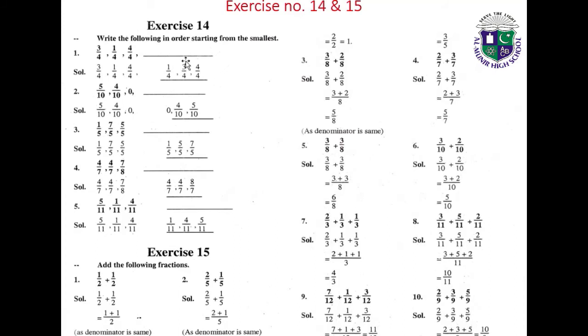Next, Exercise 14. Write the following in order starting from the smallest number: 3 over 4, 1 over 4 and 4 over 4. Solution: 1 over 4, 3 over 4, 4 over 4.